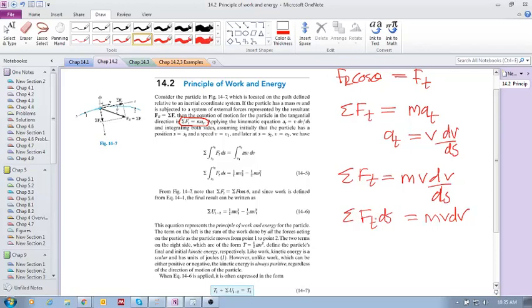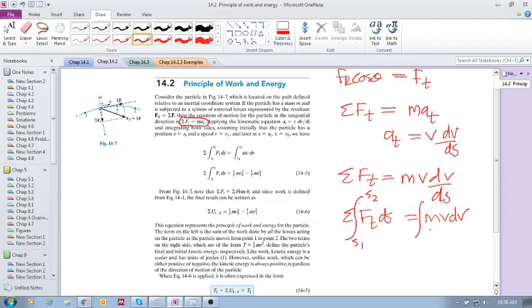Now we're looking at the principle of work and energy. If we integrate this term and we sum up all the integrals of force times distance between s1 and s2, then that becomes the sum of our work.